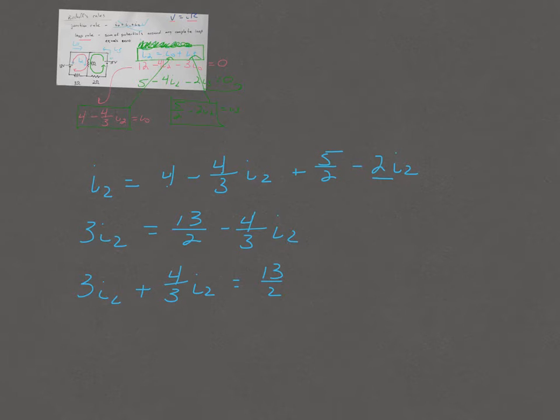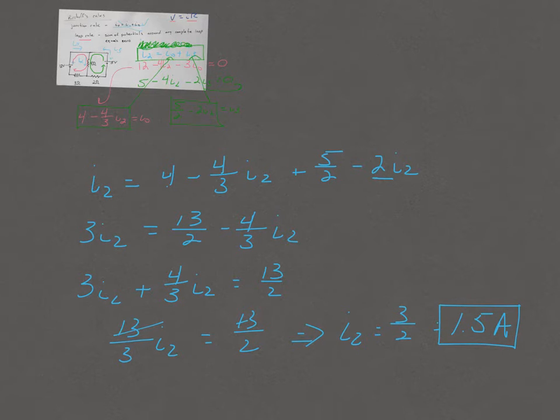To combine 3 and 4/3, 3 is 9 over 3, so 9 plus 4 is 13 over 3. Still I2 equals 13 over 2. The 13s cancel out, and we get that I2 is equal to 3 over 2, or 1.5 amps.